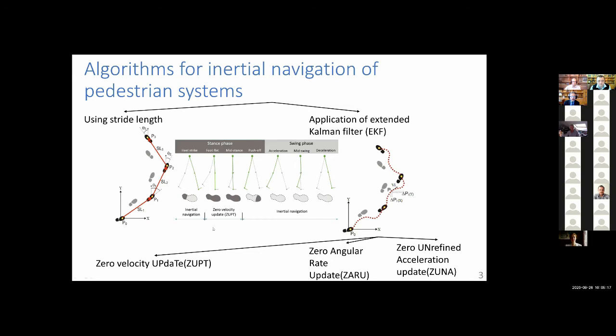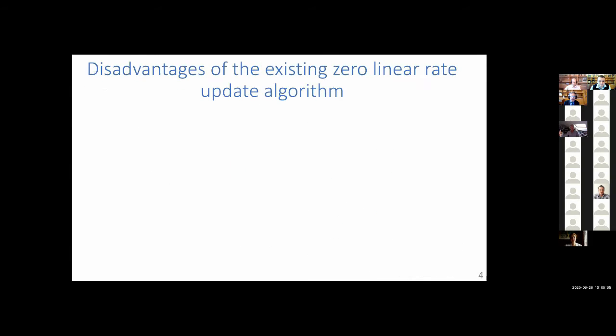For example, the zero velocity update method, ZUPT, allows to enhance the precision of an inertial model on a walking man or a walking robot by tracking the moments of time when the speed of this inertial model is close to zero. Combined with an extended Kalman filter, this approach allows to get rather precise measurements of object coordinates.